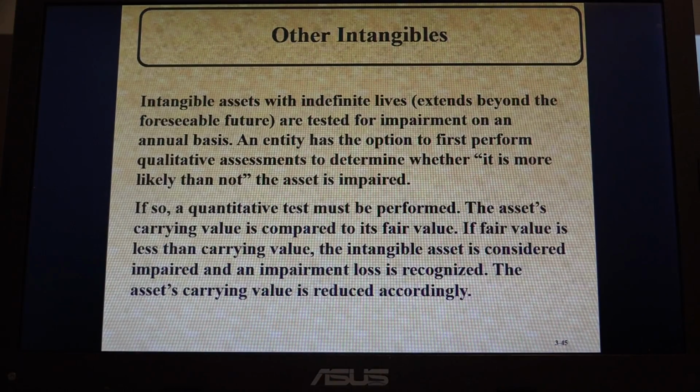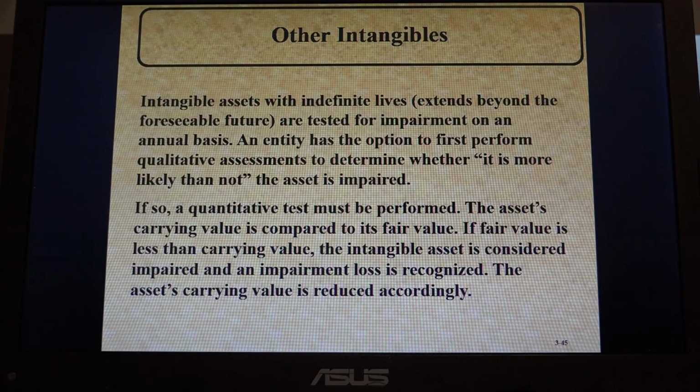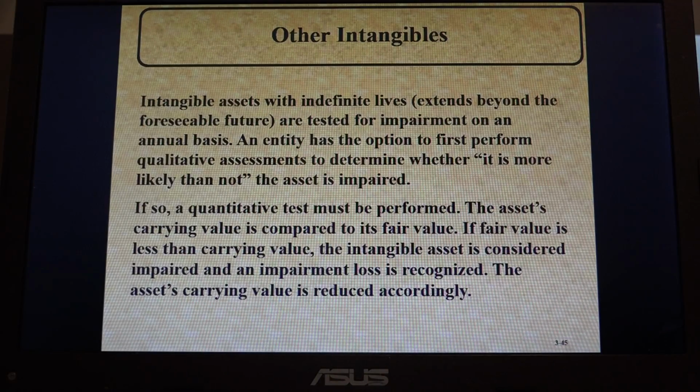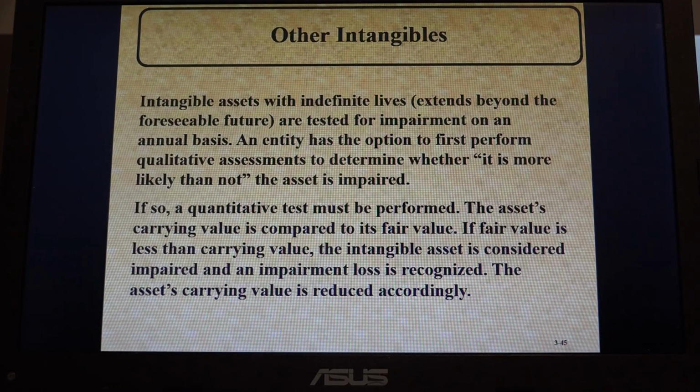And then if the fair value is less than the carrying value, you're going to recognize an impairment loss because at that point it's considered impaired. And then from then on, the carrying value will be the new reduced fair value of that intangible asset.